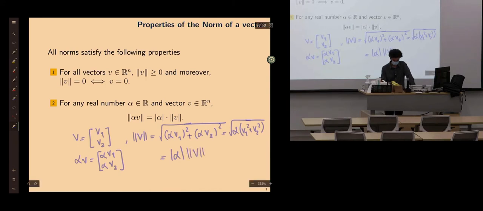This is a very straightforward application of just writing the definition. And I made a mistake. This should be alpha squared. Thanks. Sometimes this is called the homogeneous property, but you don't need to be worried about the names. This is just a property of the norm.